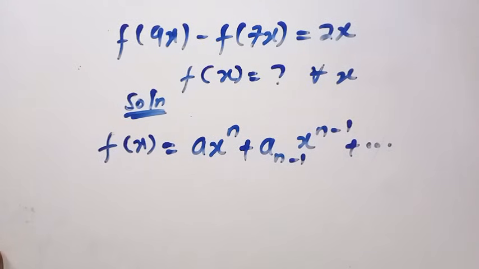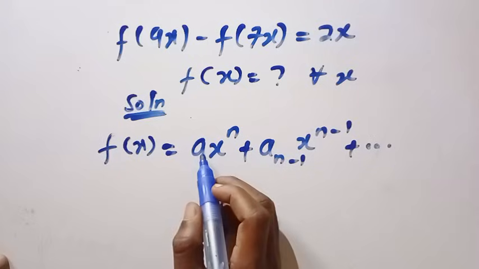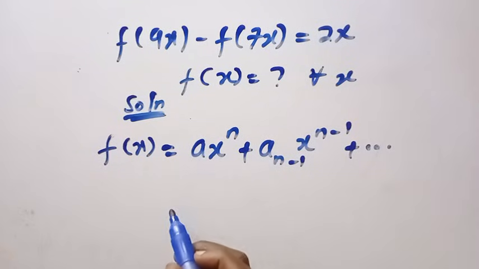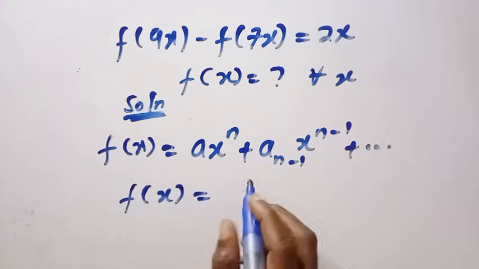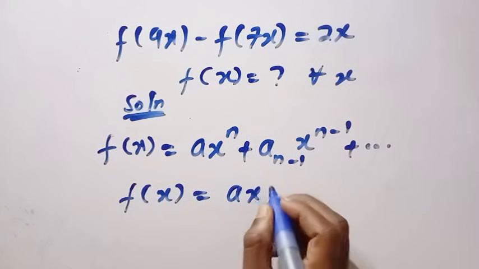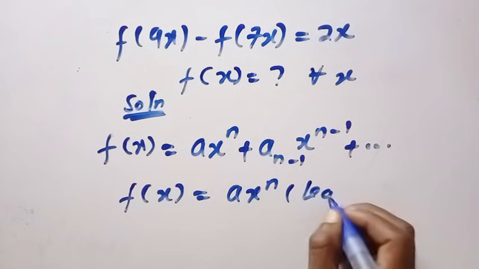With this I need a leading term. Let's focus on the first term, a x raised to power n, where a is a constant and not equal to 0. So we have f of x equals a x raised to power of n. This is our leading term.